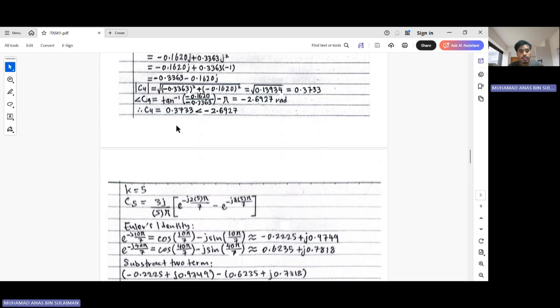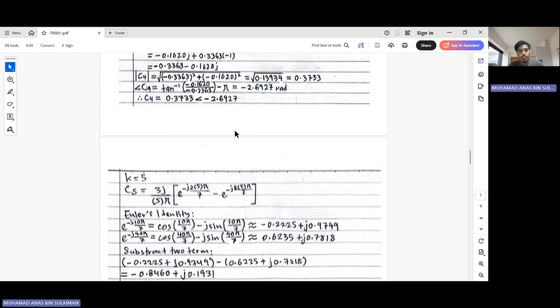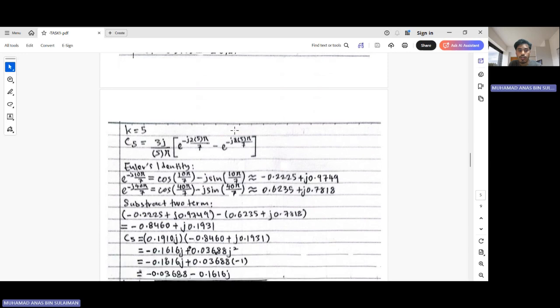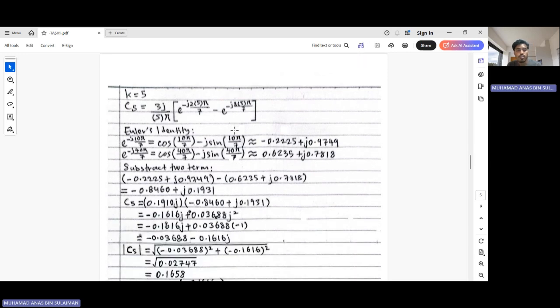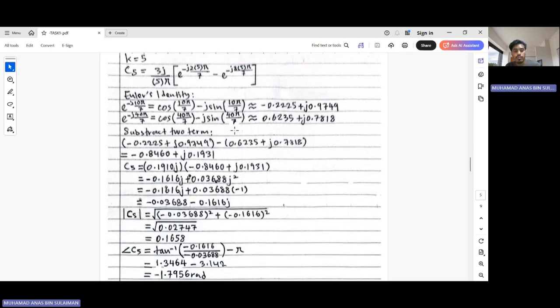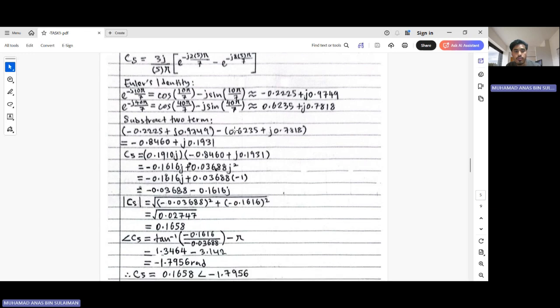So the final answer is the magnitude is 0.3733 while the phase angle is negative 2.6927. And then for the last one, c5 is also the same as c4.